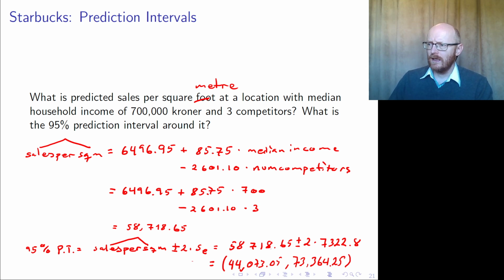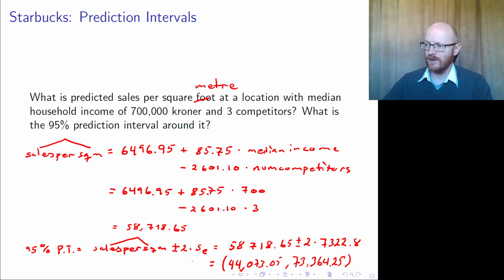So if someone gave you the information that in this location the median income is 700,000 kroners, there are 3 competitors, what is your best guess of our sales?